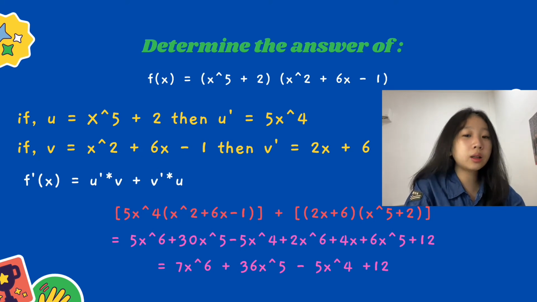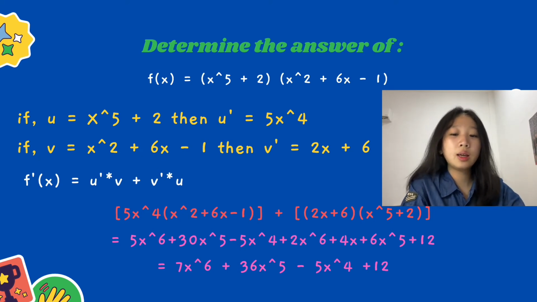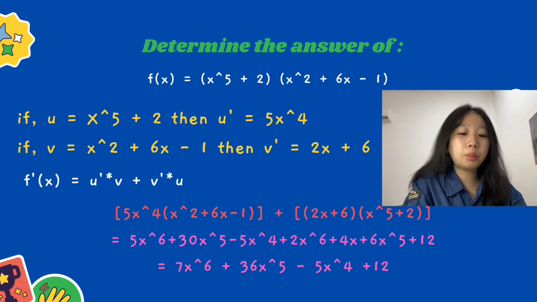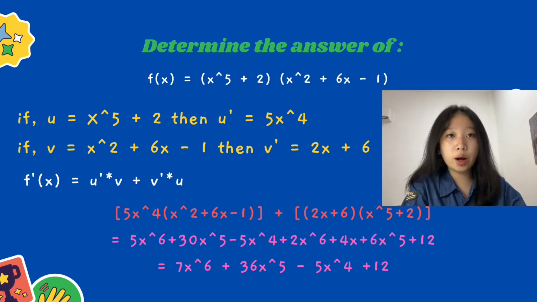And the result of this function is 7x to the power of 6 plus 36x to the power of 5 minus 5x to the power of 4 plus 4x plus 12.